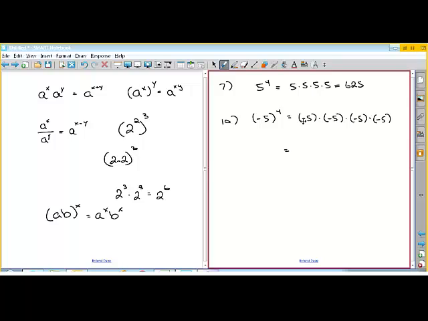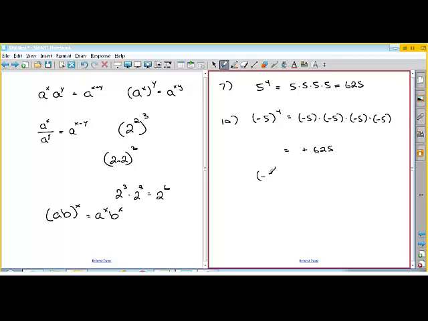And for you guys from the first semester, we know that if you have a product or quotient or combination of products and quotients, the final sign is positive if the number of negative signs is even. So I have 1, 2, 3, 4. 4 is even, therefore the final answer is positive. And then I just multiply the numbers together, which I've already done up here. So it's positive 625.